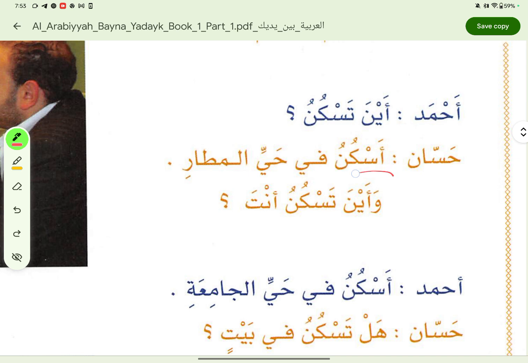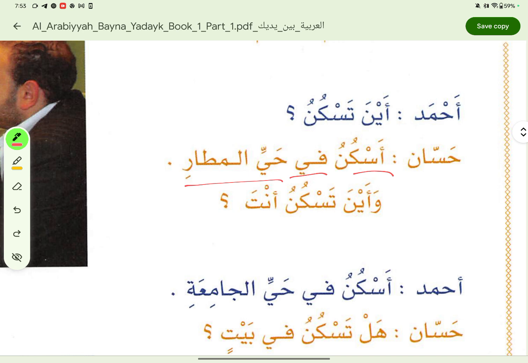Right? So askunu, the a is for I. Askunu, fi means in, as we know. Hayil matar. Hay means like neighborhood. It refers to neighborhood in this area, in this case. Matar is the airport.